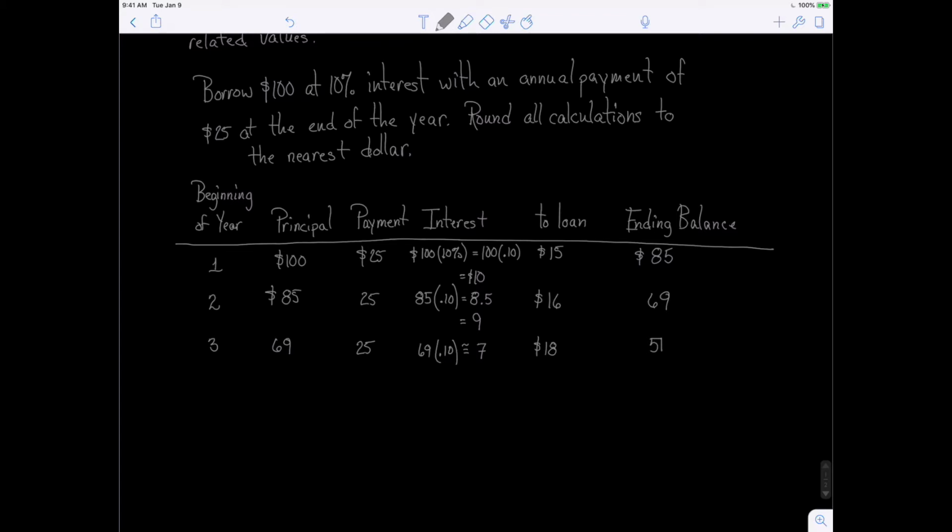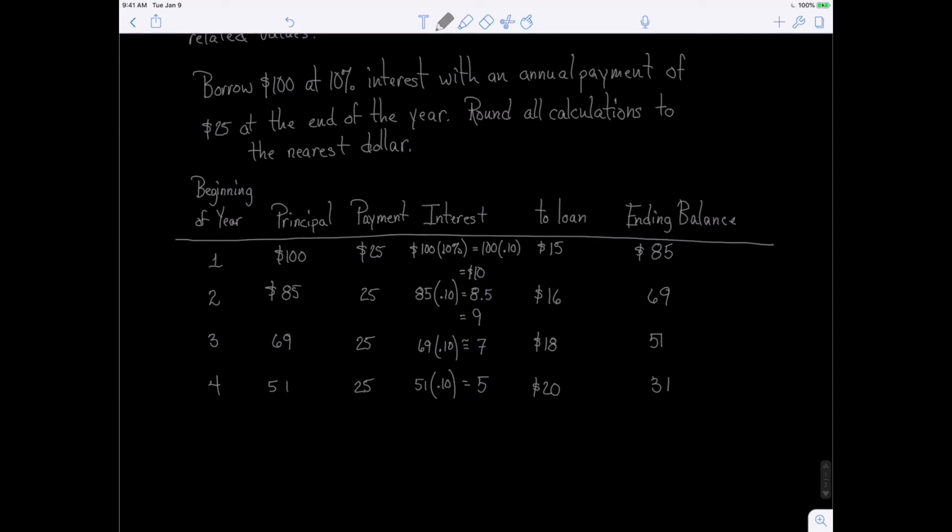Then we begin year 4, and we still owe $51. At the end of the year, we make a $25 payment. 51 times 10% is $5.10, or we'll just call it $5 of interest. So now $20 is credited towards the loan, so our loan is now $31.